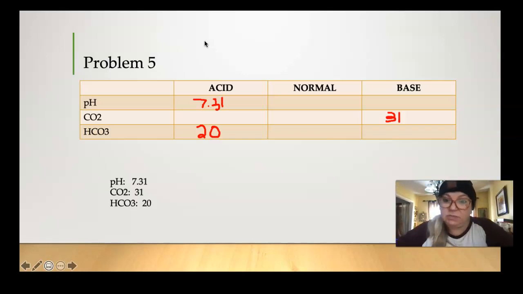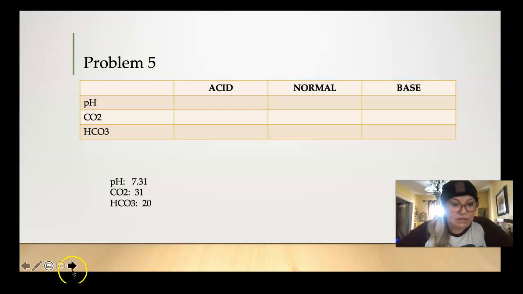And yes, the respiratory system is trying to do something to correct it. That's why it's abnormal. So this is trying to make it a little bit more alkaline to normalize that acid-base imbalance. Okay. All right. So let's go to the next one.